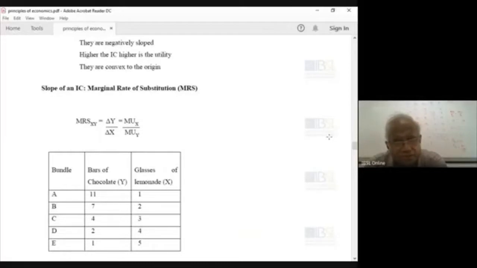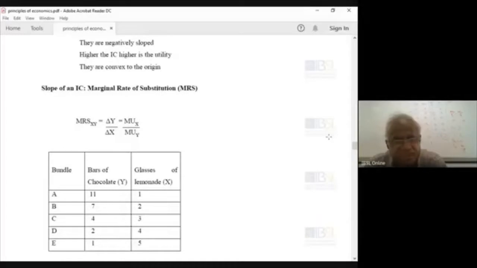Bundle C, 4 chocolate, 3 glasses of lemonade. Bundle E, 1 chocolate and 5 glasses of lemonade. Now these are indifferent bundles. A is indifferent to B, to C, to D, to E. What does that mean? You are getting the same satisfaction, same total utility from each of these bundles. In other words, all these bundles should be on the same indifference curve.